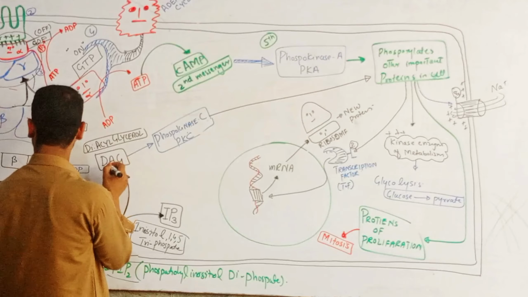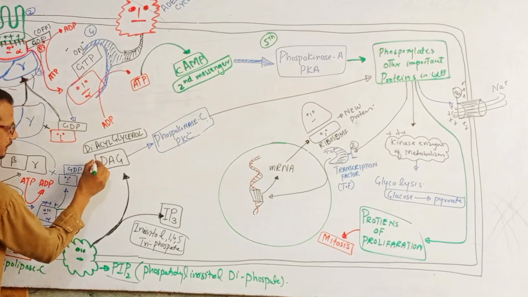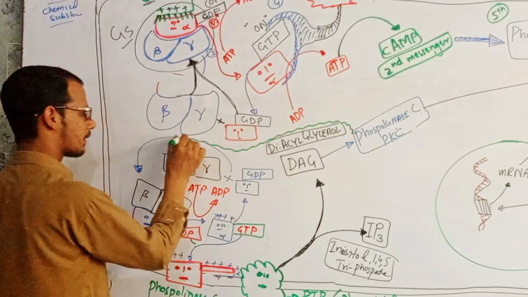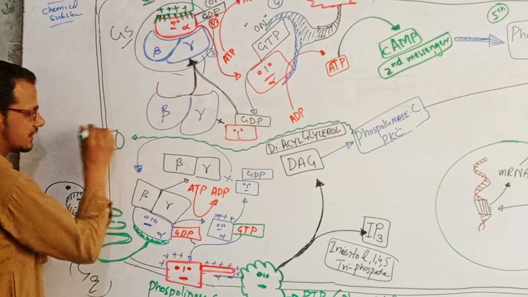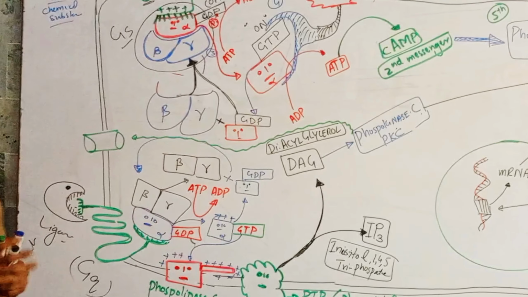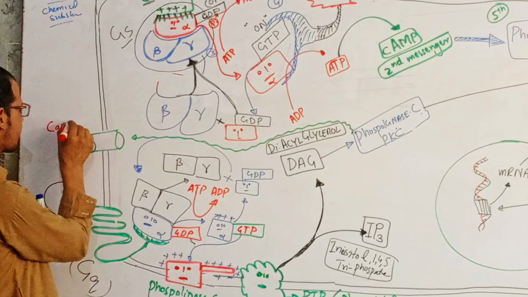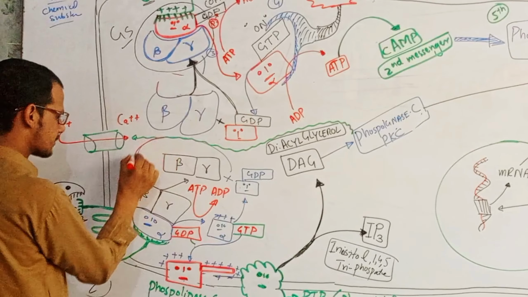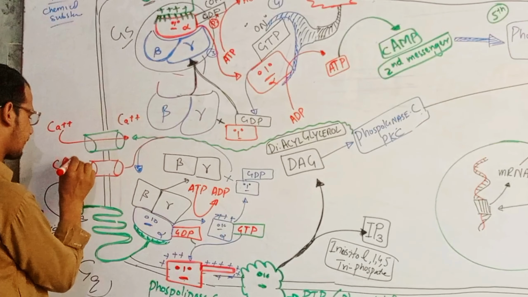The next function, it also activates the surface calcium channels, which are very important for muscle contraction. So calcium will rush into the cell. The second, it also activates the chloride channels.